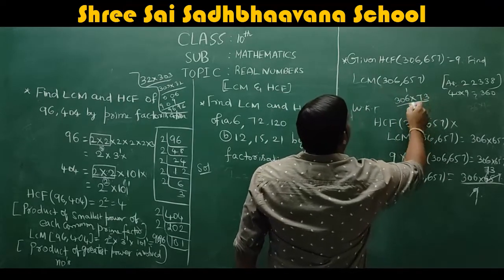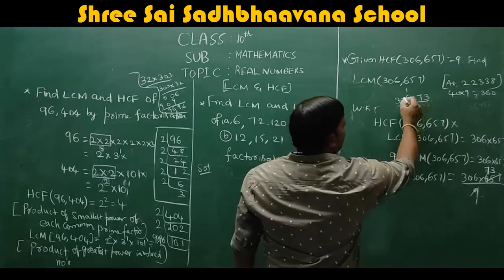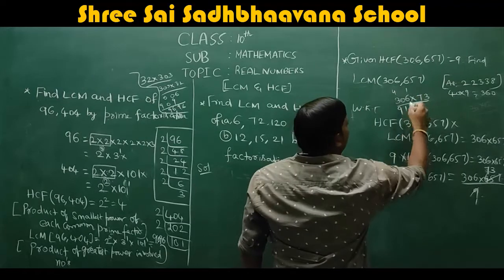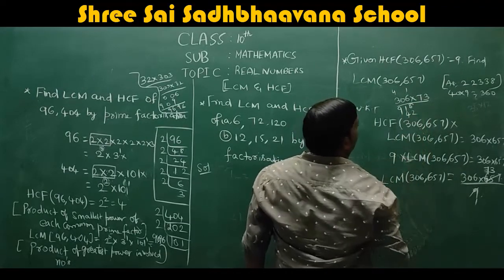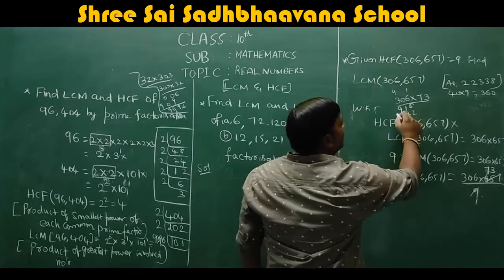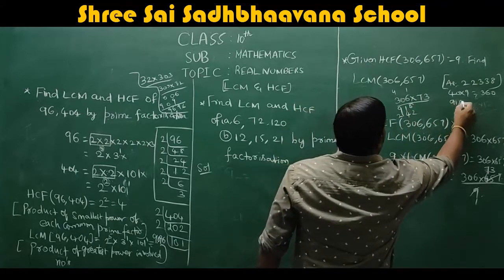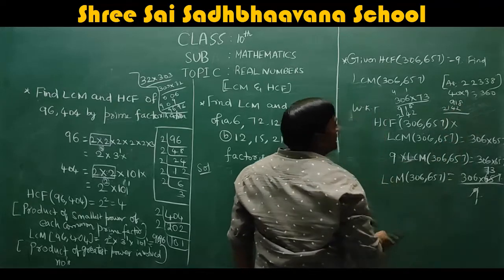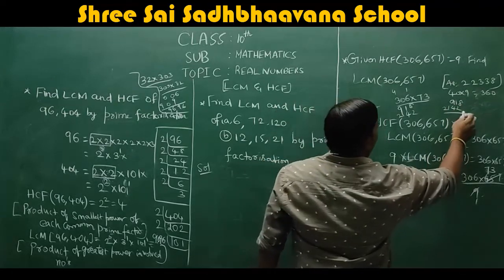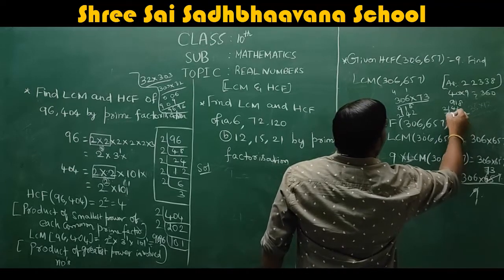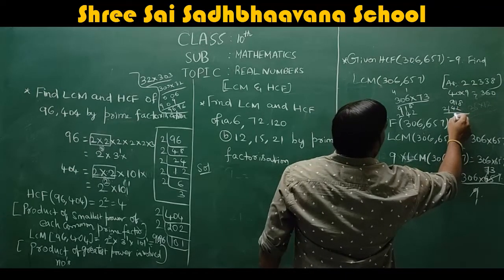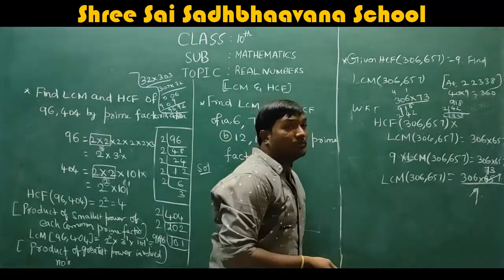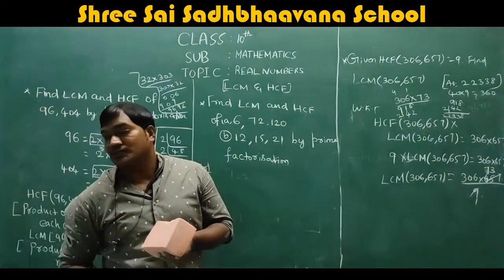So what do you get? 3 sixes are 18, and 3 threes are 9. Again, do with 7. 7 sixes are 42, and 7 zeros, and 7 threes are 21. So 918 and 2142. Okay, you just add these two, and you'll get 22,338.